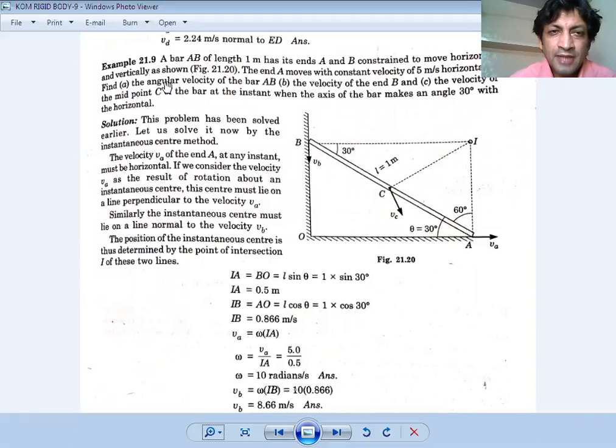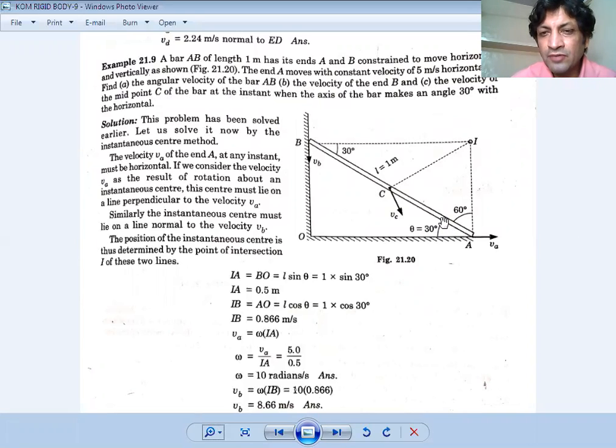Find (a) the angular velocity of the bar AB, (b) the velocity of B, and (c) the velocity of the midpoint C of the bar at the instant when the axis of the bar makes an angle of 30° with the horizontal. So it is sliding, but it is making an angle of 30°.